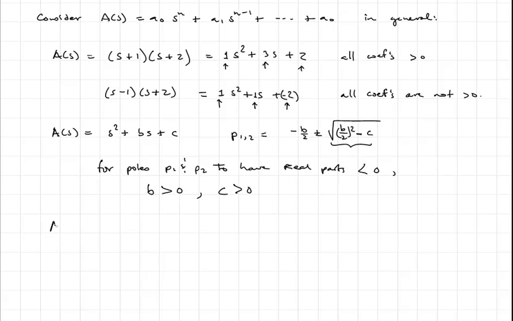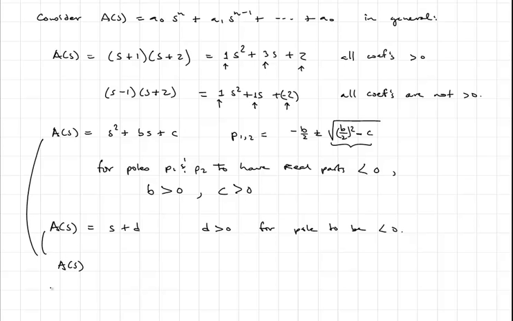All right, and then more simply, if we just have a polynomial that's s plus d, then we require that d is greater than 0 for the pole to be less than 0. So now we can put these two together, and we can say, what if we have a polynomial that is s squared plus bs plus c, times s plus d?